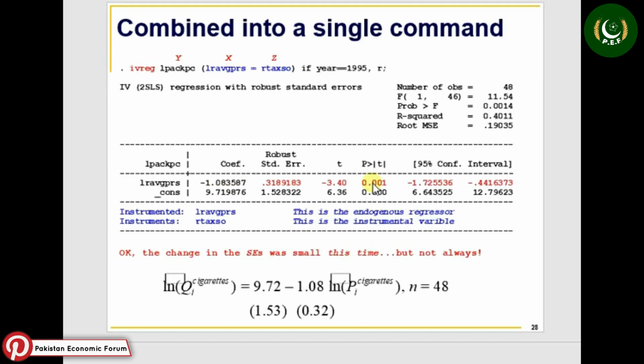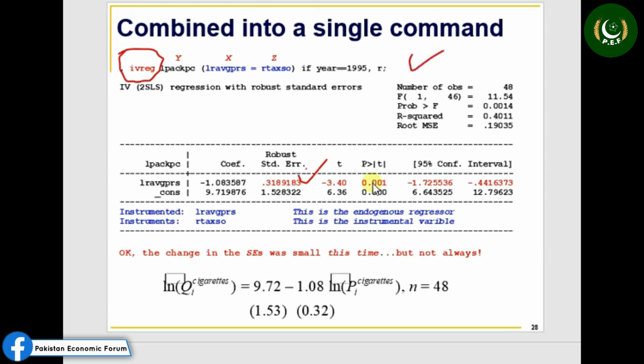But when you use instrumental variable regression in Stata, and similarly we'll use R, and I'll demonstrate it, you get slightly different standard errors. This difference is very small in this case, but it may be large in other cases. So please use two-stage least squares directly this way instead of going stage by stage.